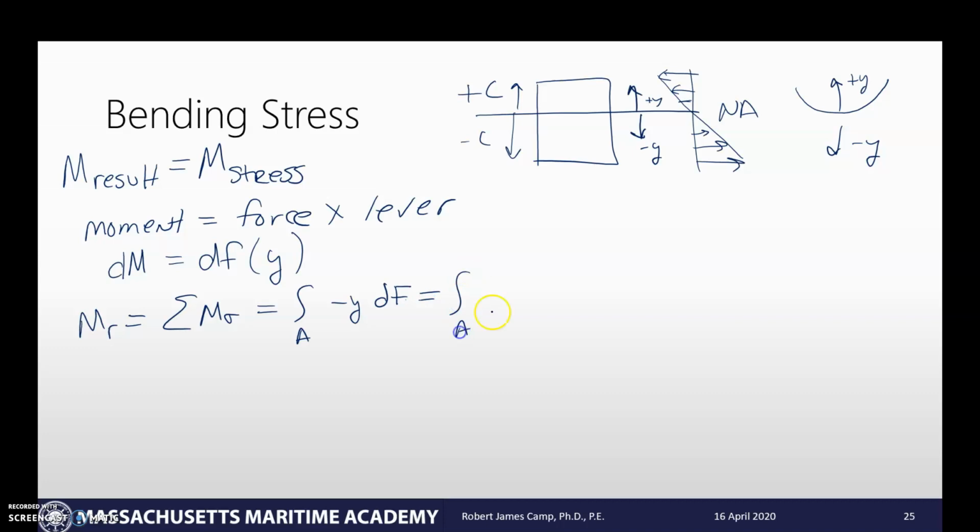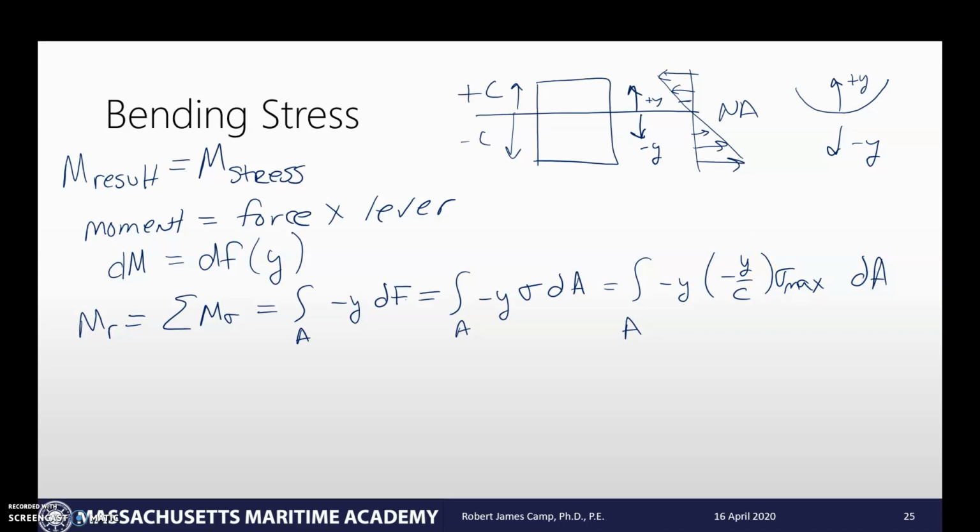So I'm going to integrate over the area, negative y, stress dA. And once again, we're assuming a linear elastic relationship and assuming that we're in the linear region. So I can replace that stress with negative y over c, stress max. And we're going to integrate that all over the area.